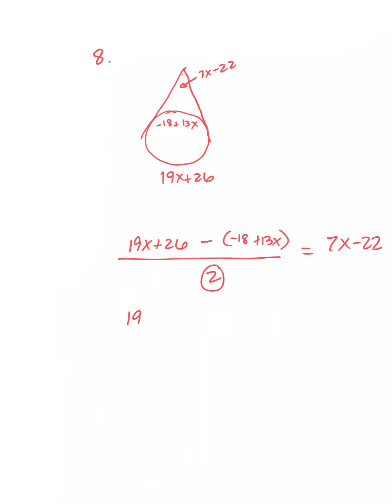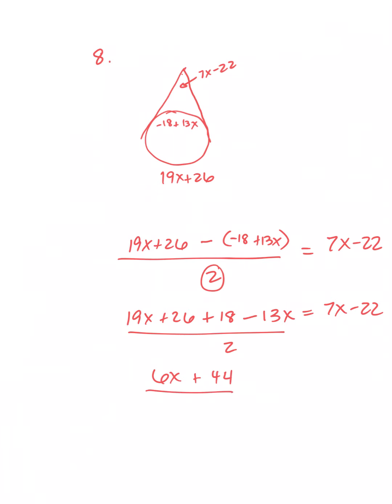So we have 19x plus 26 plus 18. Remember, we changed the signs. Minus 13x equals 7x minus 22. We're going to divide this by 2. And I'm going to keep cleaning up. 19x minus 13x is 6x plus 44 over 2 equals 7x minus 22.